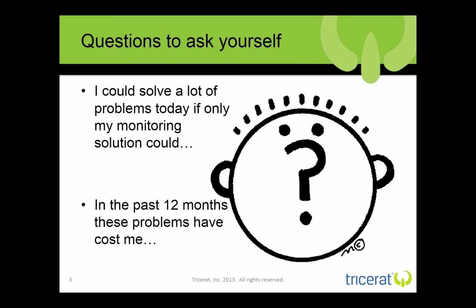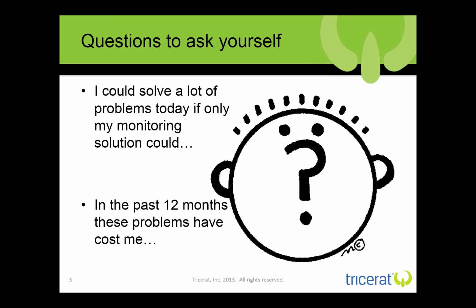So we'd like you to take a minute. We can jump to the next slide here. We'd like you to take a minute to finish these sentences for us. Ask yourself, I could solve a lot of my problems today if only my monitoring and troubleshooting tools could, fill in the blank. And in the past 12 months, these problems have cost me what? Fill in the blank.